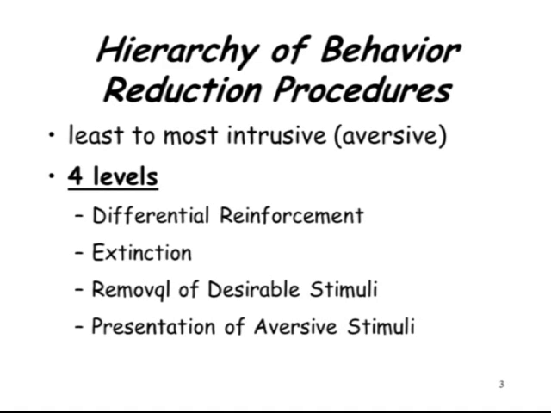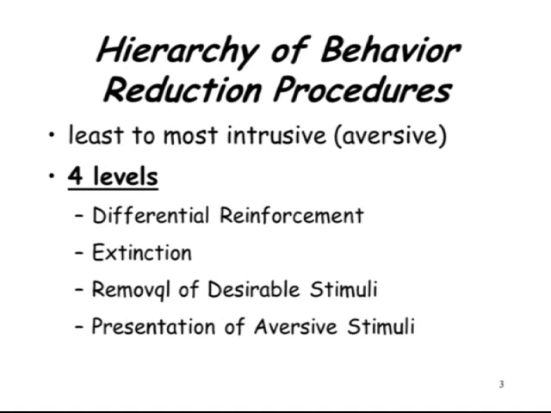When we talk about level of intrusiveness, there are generally 4 levels that we speak of. The least intrusive, and by intrusive we mean to what extent does this intervention impact on that person's typical freedoms or things that person usually has access to, or does this procedure restrict that person's movement, or does it cause any kind of stress or discomfort?